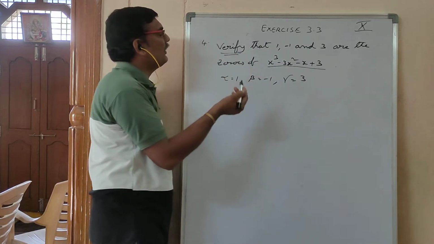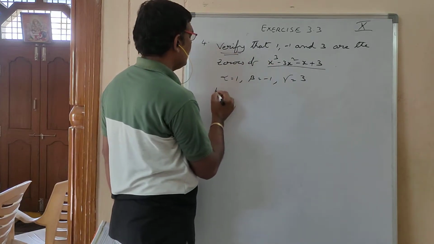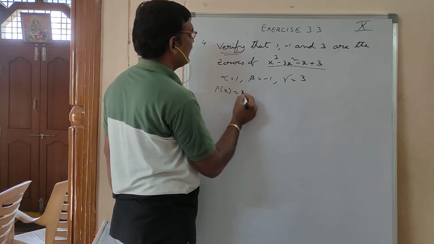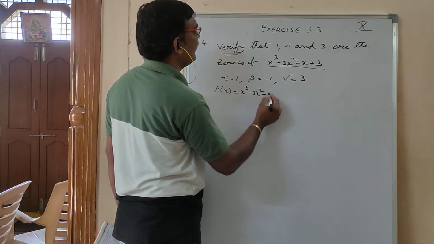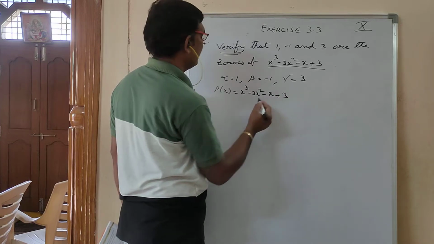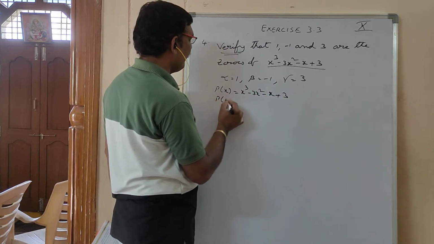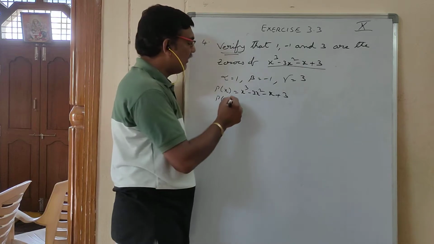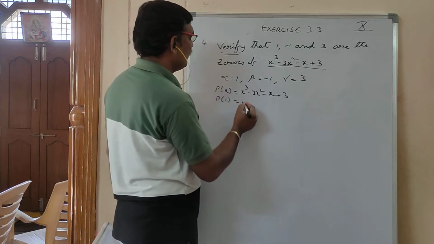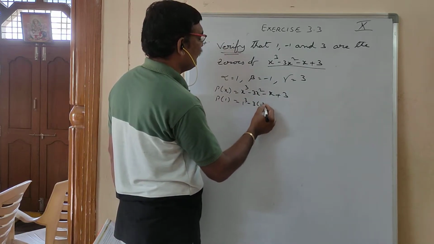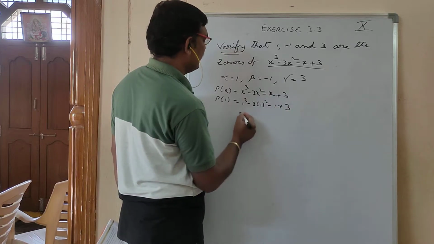Verify means what we have to do is assume p of x as x cube minus 3x square minus x plus 3. And you have to find p of 1 first. So 1 cube minus 3 into 1 square minus 1 plus 3.